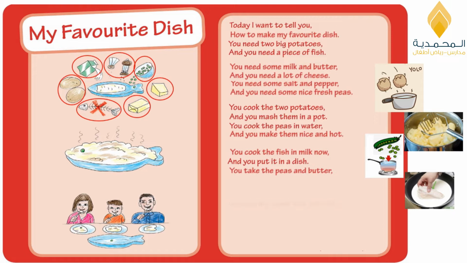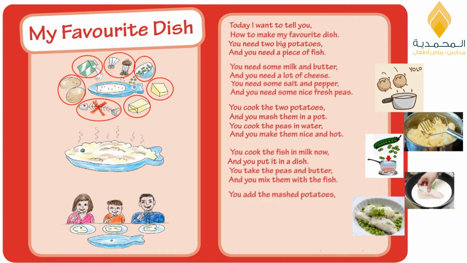You take the peas and the butter and you mix them with the fish. You add the mashed potatoes and you put the cheese on top. You cook it in the oven. With the brown on top, you stop.